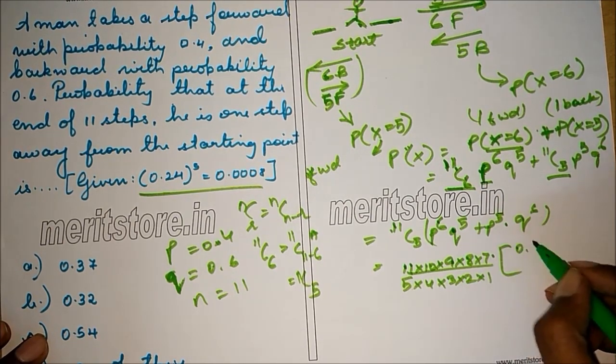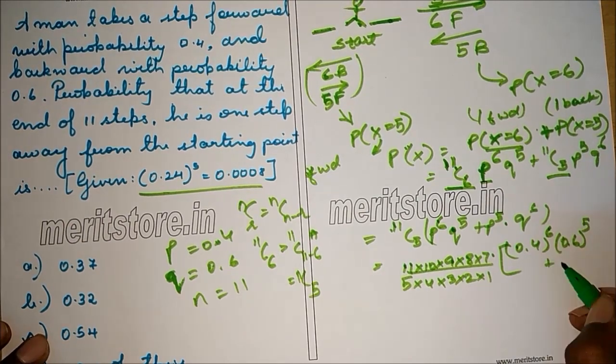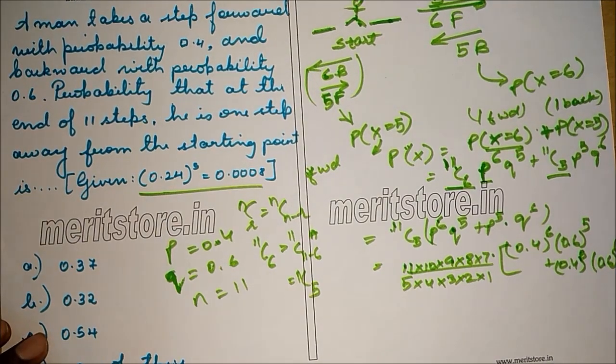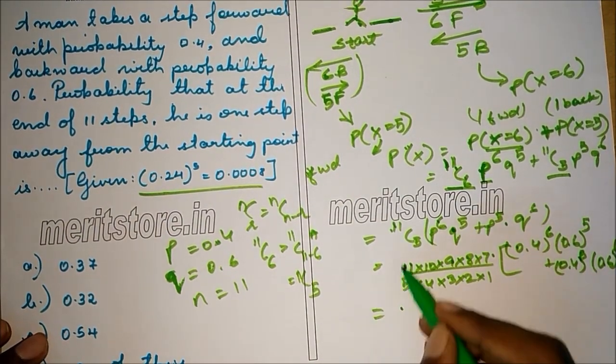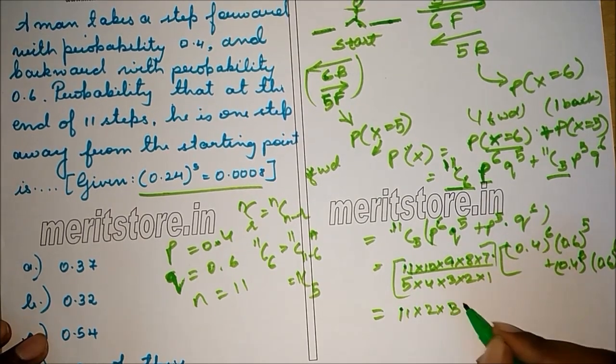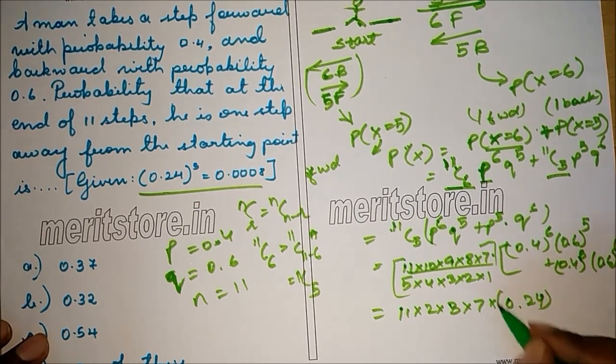P is 0.4 raised to 6 into 0.6 raised to 5 plus 0.4 raised to 5 into 0.6 raised to 6. This can be simplified into 11 into 2 into 3 into 7 into 0.24 raised to 5.